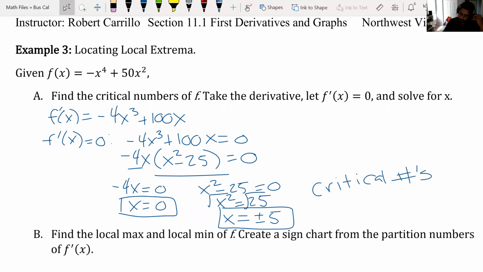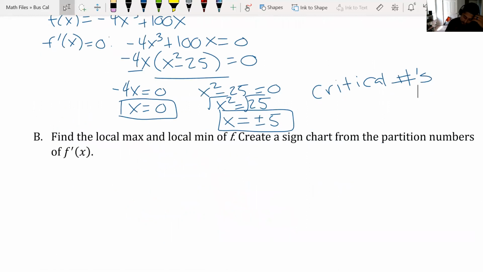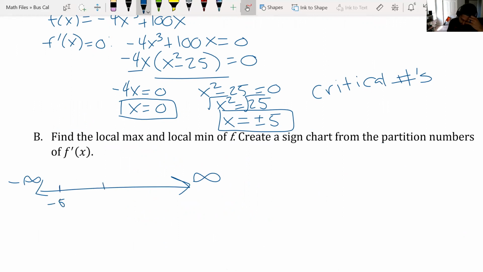Now let's plot them on the number line below. So this time I'll do more space. So here's my number line. There's negative infinity, there's infinity, and then I have -5, 0, 5.